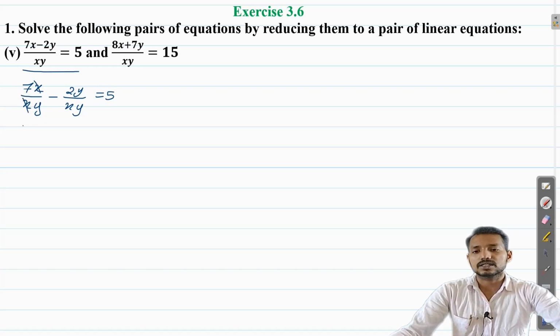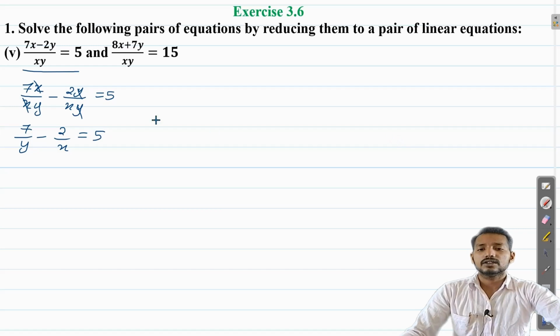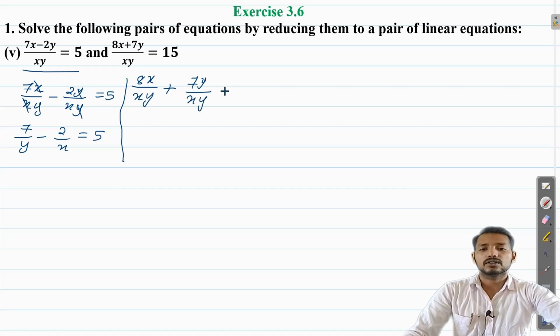So it will become 7 divided by y minus 2x, here y can be cancelled, which is equal to 5. Similarly, for the second equation, separate the variables: 8x divided by xy plus 7y divided by xy, which is equal to 15.